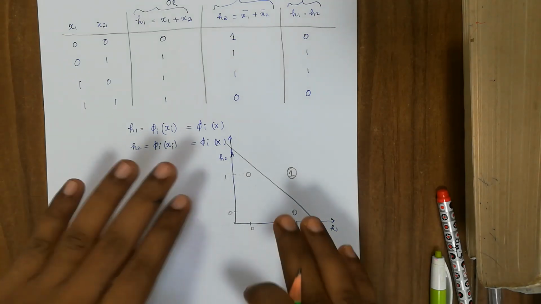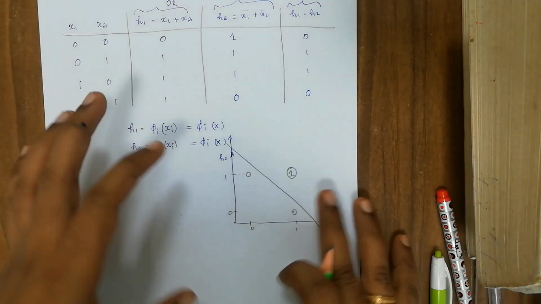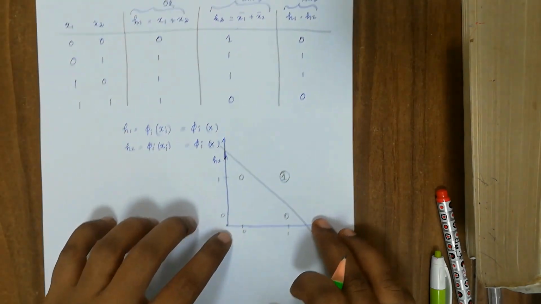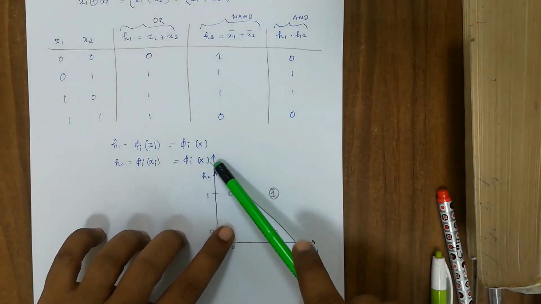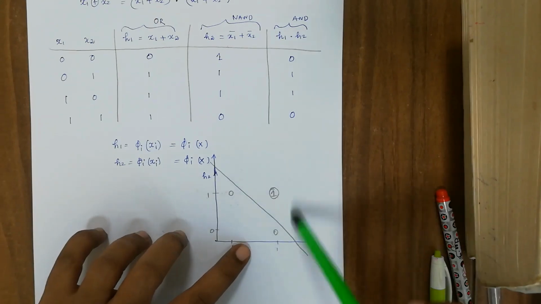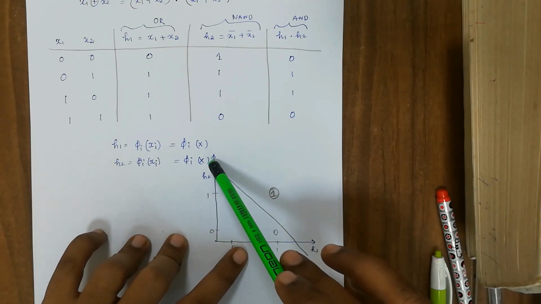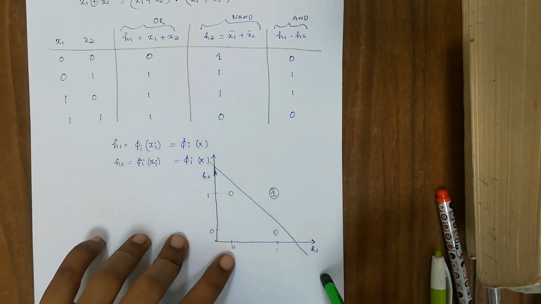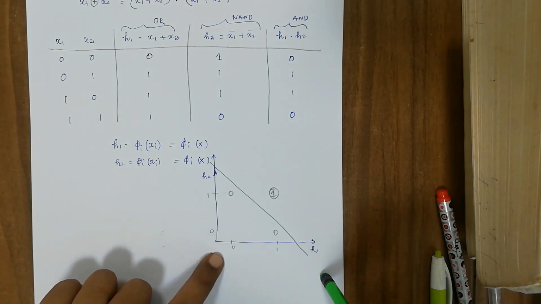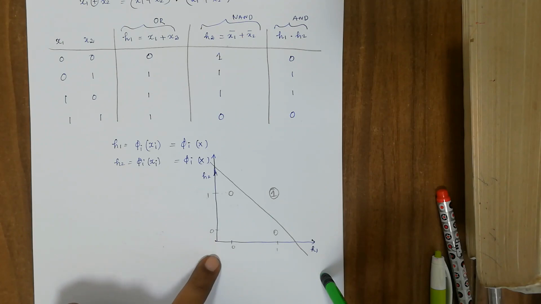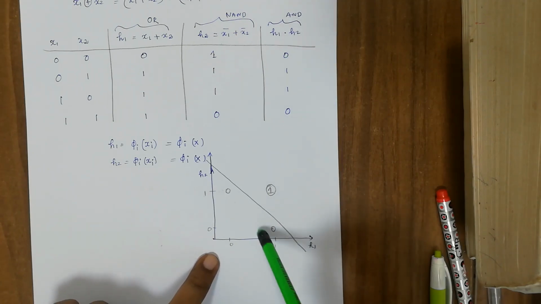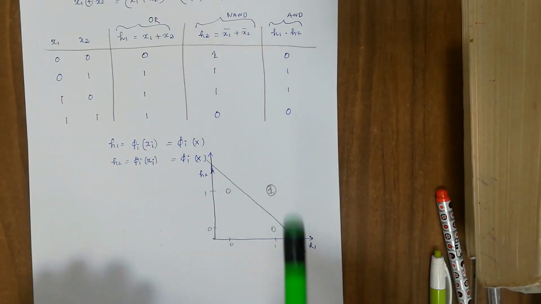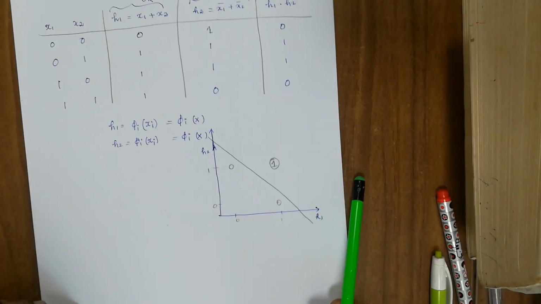Now once we have concluded that all these values can be separated linearly, we can go on to design a multilayer perceptron to implement the XOR operation. Now let's see how to do that.